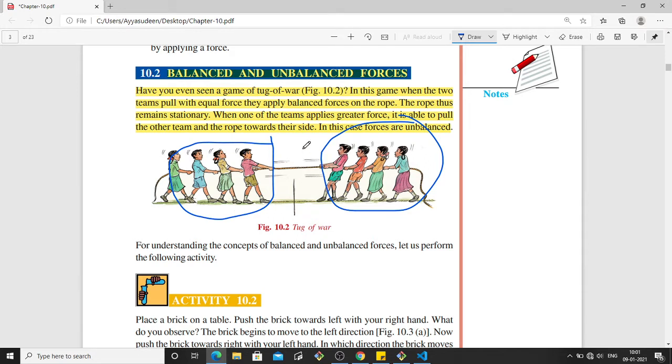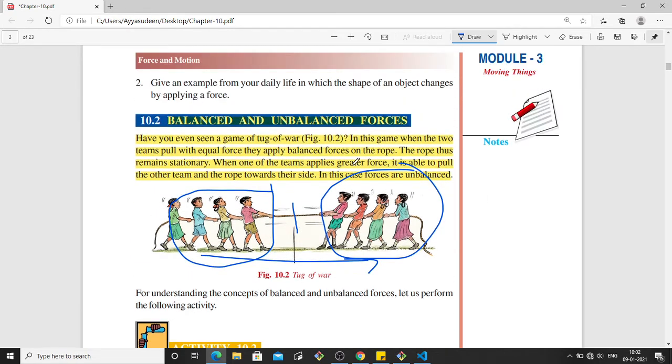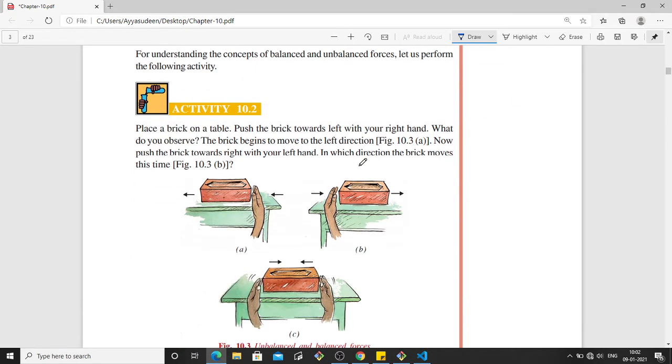Both of them will be pulling, but there will not be any movement. So that is balanced force. But if one of the teams applies greater force, then they'll be able to pull the other team towards their side. In this case, the forces are unbalanced. That you have to remember. So this is what is called balanced and unbalanced forces.